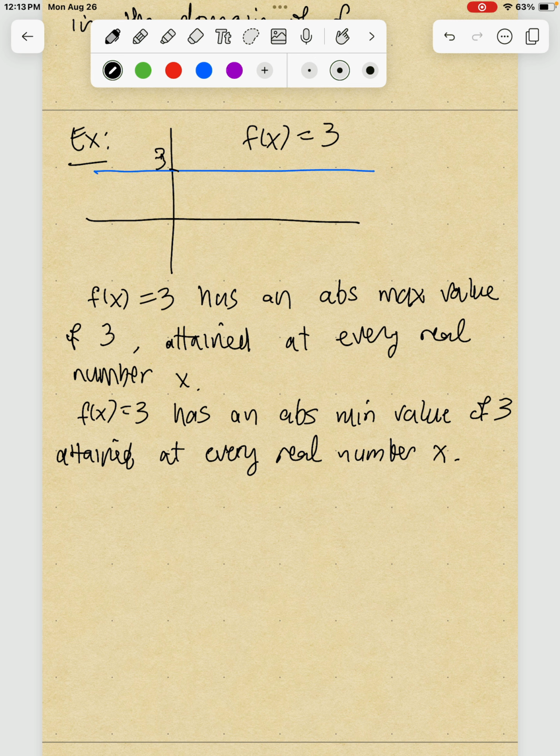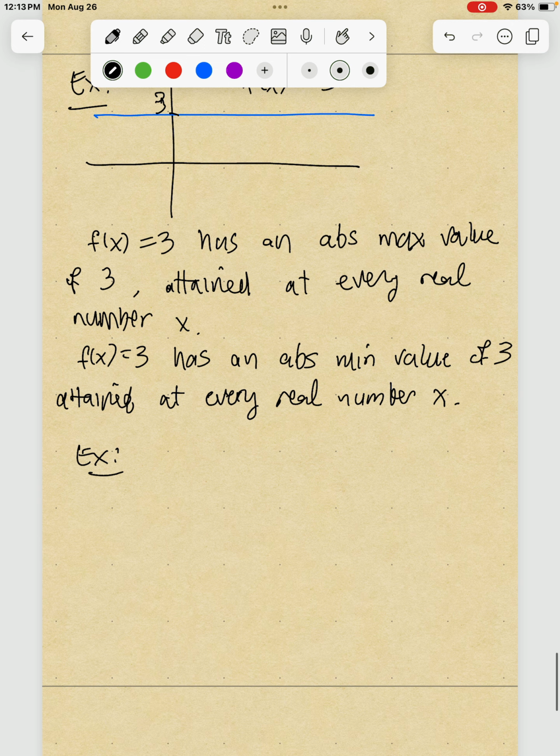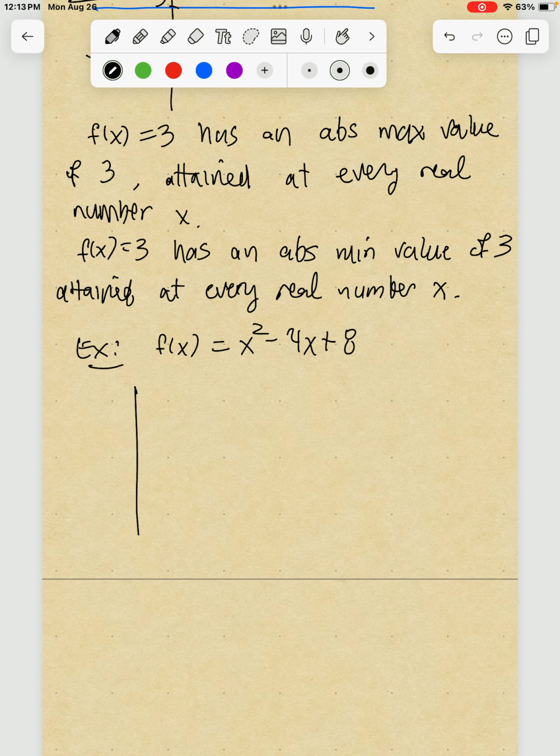Okay. So let's look at an example. Let's look at this parabola f of x equals x squared minus 4x plus 8. So we know that this is an upward pointing parabola, and the vertex turns out to be (2, 4). You can use the formula negative b over 2a to get x, and you plug in to get the y value.